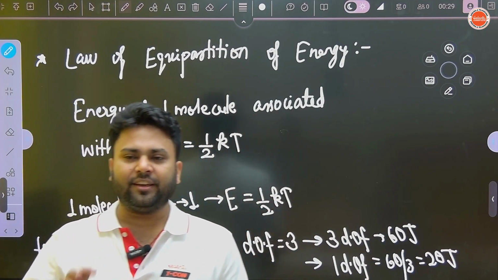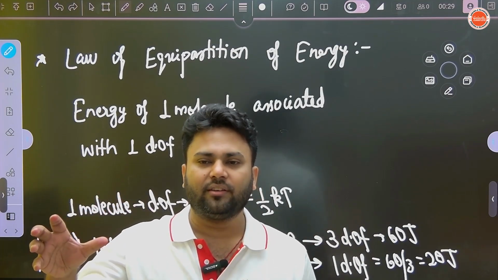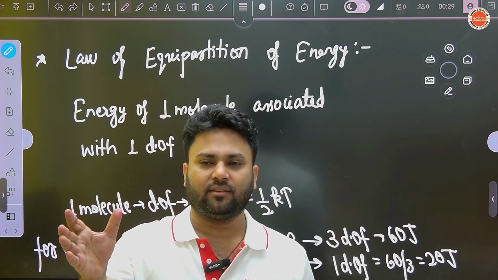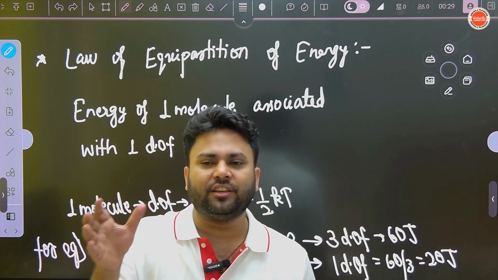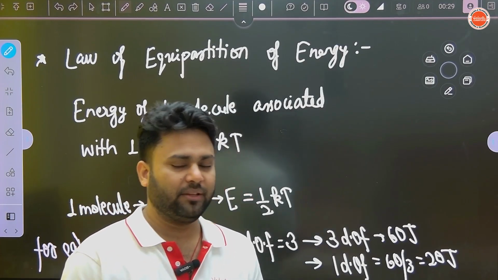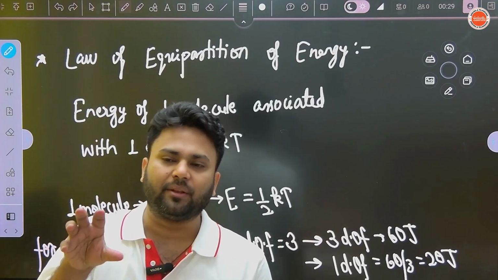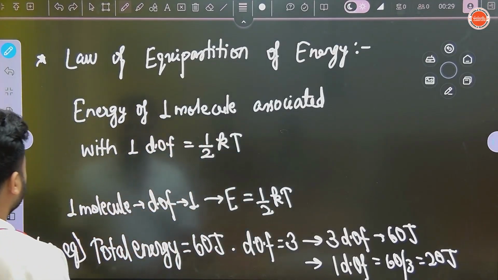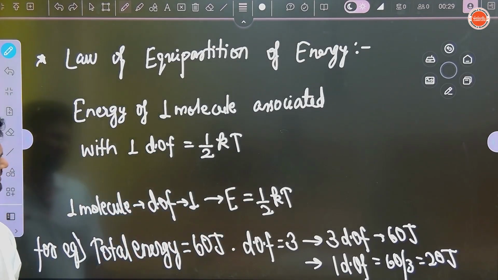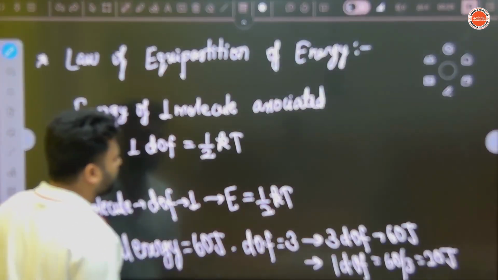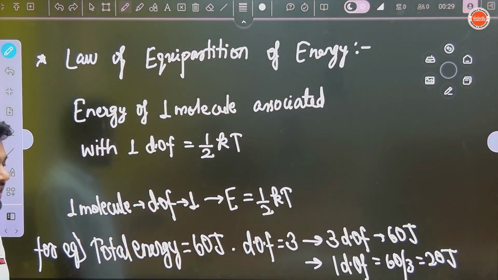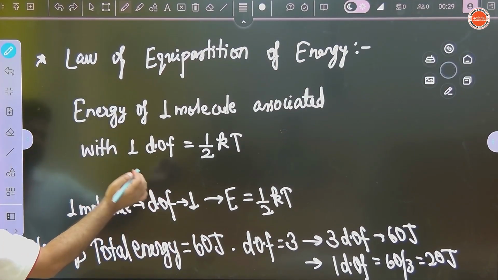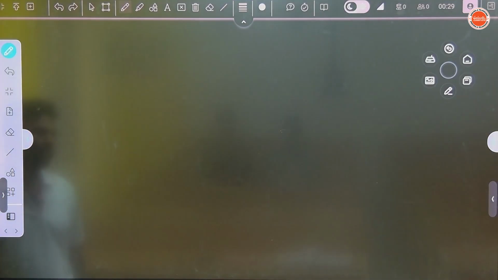So the energy associated with the molecule is divided equally for each degree of freedom, means each degree of freedom will have the same energy. In exams this kind of question they don't ask, but a little bit of derivation is required.